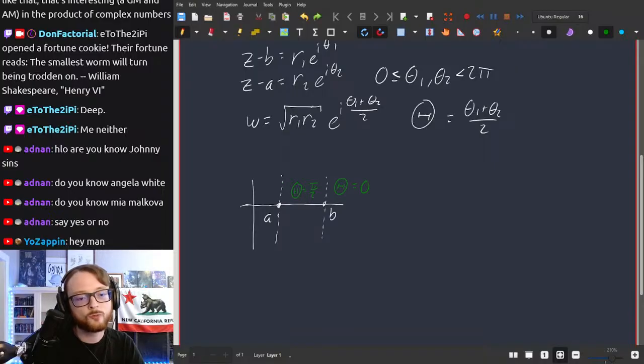So then what happens if I choose a point in the middle? I could find a point so that both angles are pi over 4, right? It'd just be the midpoint, and then you can figure out what height you've got to be.